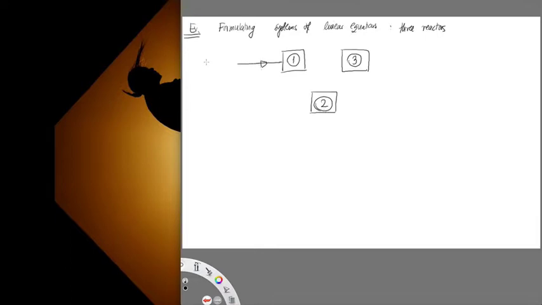Into this first one, I'm introducing 100 meter cube per second of fluid. And then from the first one, stuff is flowing in this direction and this direction. So from the first, I'm going to the second and third. So this flux that is coming in is splitting into 2.